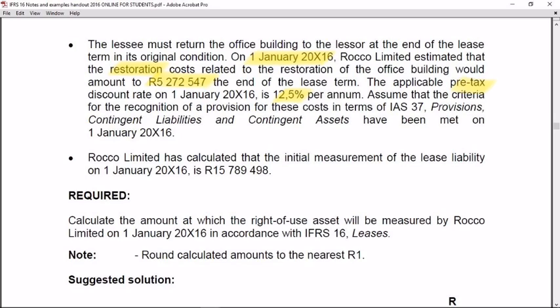Please refer back to your IAS 16 knowledge with reference to these future restoration costs. Rocco Limited has calculated that the initial measurement of the lease liability amounts to 15,789,498. So using this information, we now need to determine the cost of the right of use asset for initial measurement purposes.